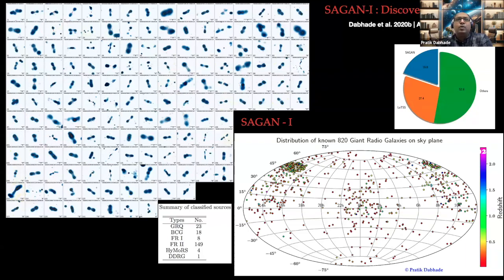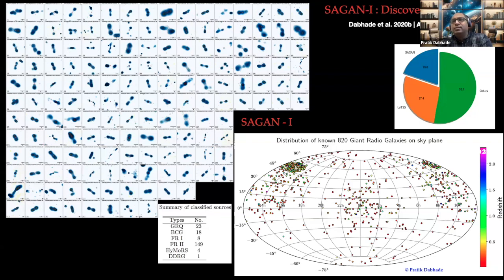This is again not from LoTSS but from NVSS, where we used multiple different radio surveys to establish a second big sample as part of this project, and that eventually led us to create this big catalog of around 800 sources of giants.